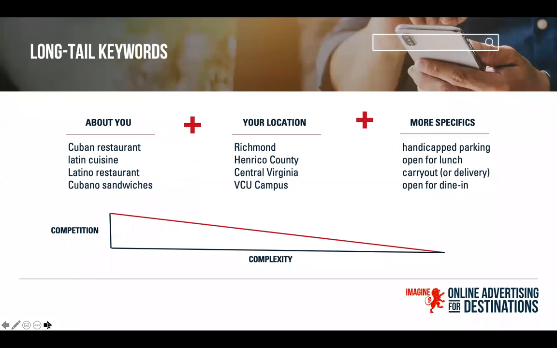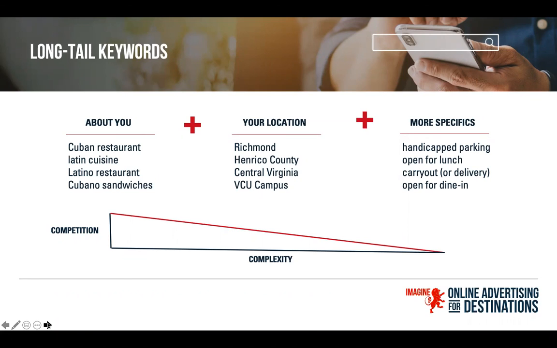A quick refresher on long tail keywords. This is back from our search webinar back in January. Long tail keywords are longer keyword phrases that cover a feature about your destination, the location, which in this case can be a number of different things all at once, and then some more specifics that differentiate your specific offering.